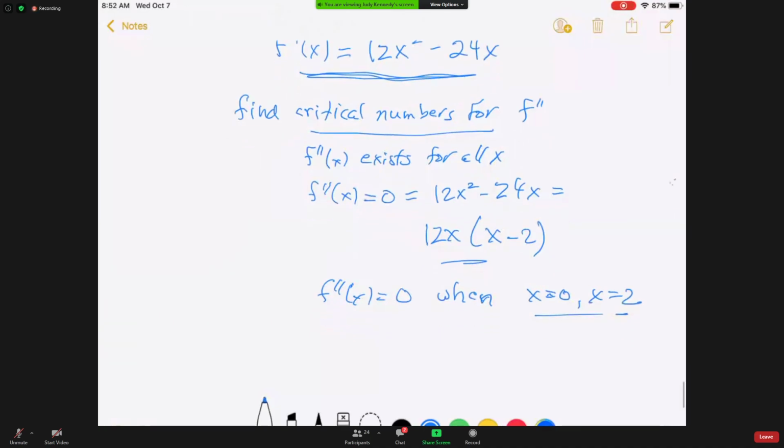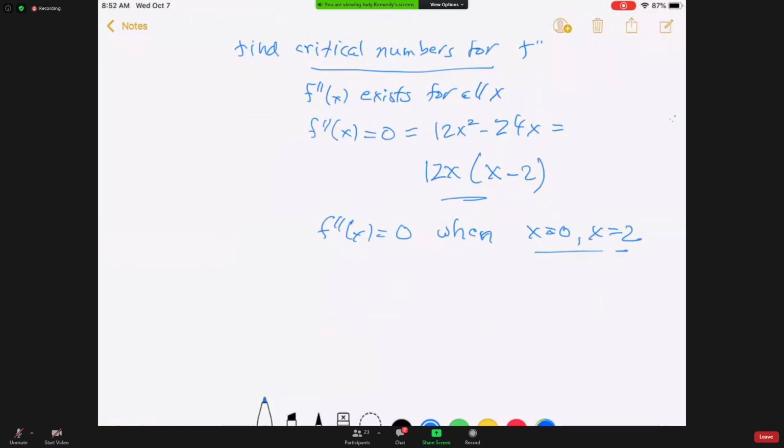Okay, so I've got two critical numbers from my second derivative. Let's put that there so I remember what the number line means: 0 and 2. And since we found all the places where f double prime is 0, what happens in the between's got to be either all positive or all negative for the second derivative.